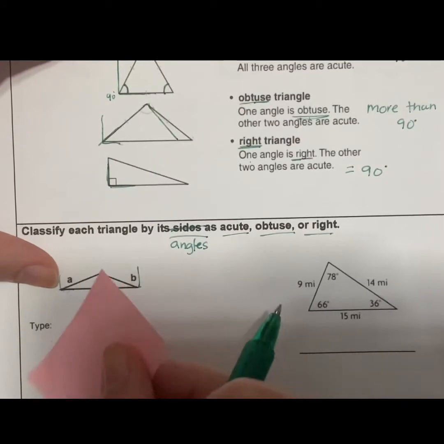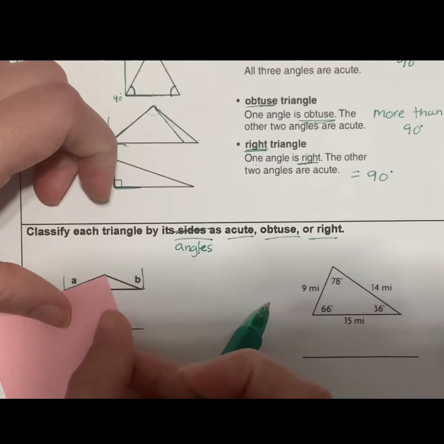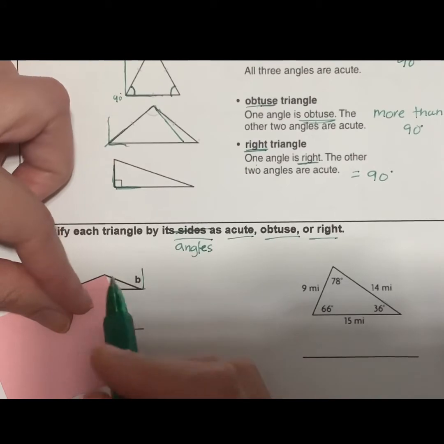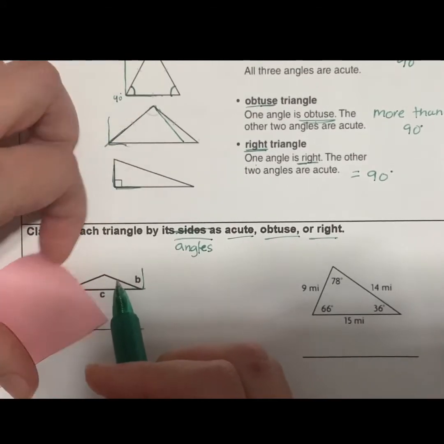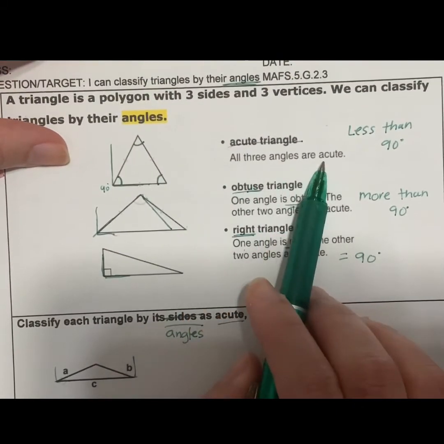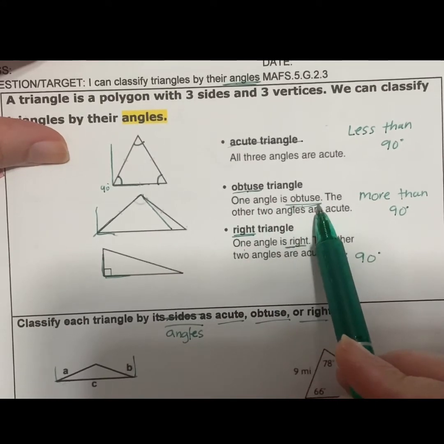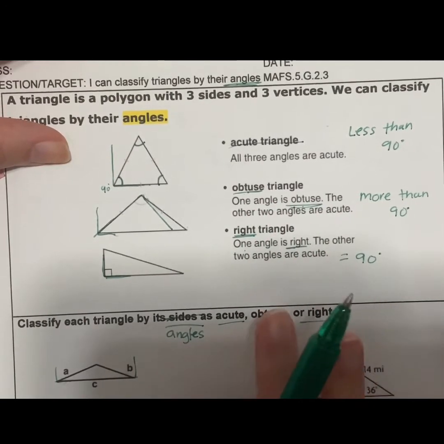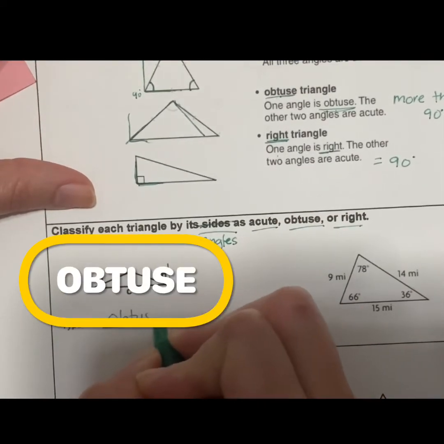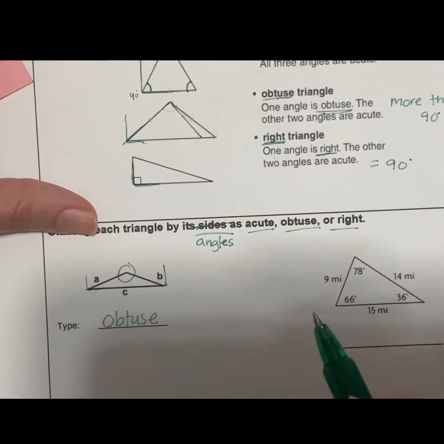But this one, if I grab my paper, put it up to the screen and line up one line, I'm going to notice that it's wider. So if I have one that is bigger than 90 and 2 that are small, let's see, acute, all 3 have to be less than 90. Okay, now I only have 2. Obtuse, one angle is obtuse, so one is more than 90 and the other 2 are acute, so this would be obtuse because this angle is larger than 90 degrees, and that's how we can classify it.